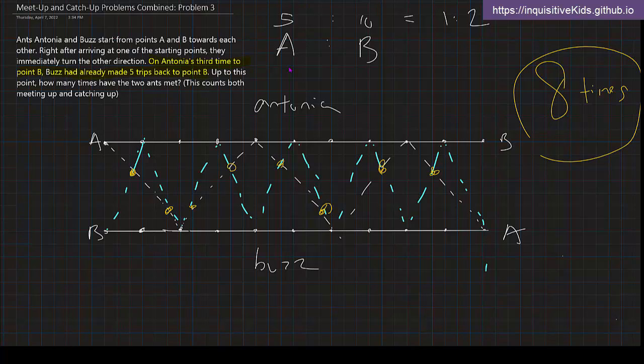You have to draw enough so that Antonia really returns to point B 3 times, and it does. See, 1, 2, 3. Just drawing that and highlighting it, this is a new way of thinking, a new mindset: drawing it out not just on one line, but on 2 different lines and zigzagging them.